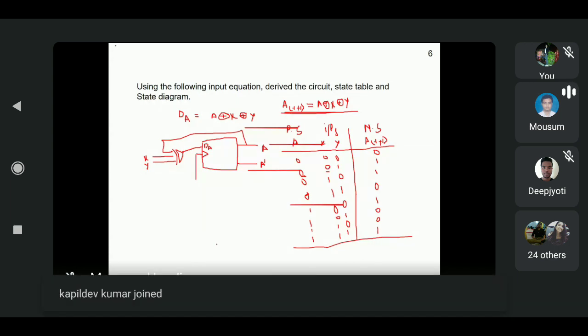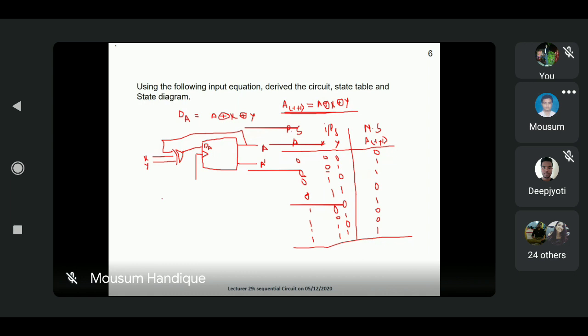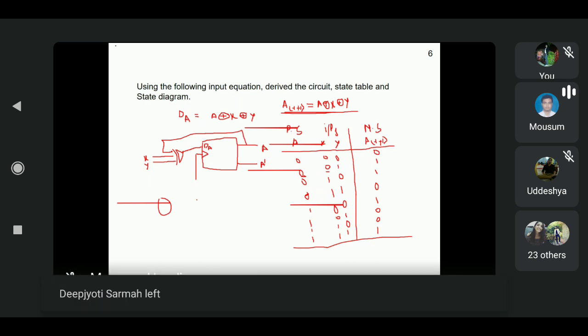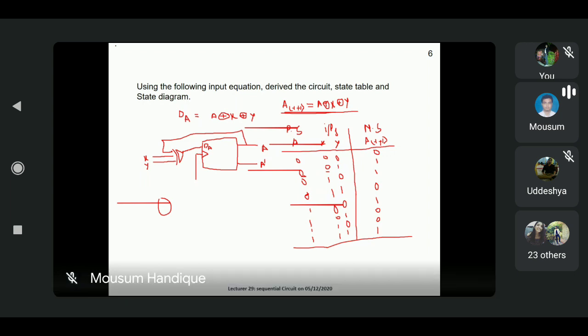Now we can easily construct the state diagram. How can we construct a state diagram? See here. How many values of present state? Only one value, and this one is the X and Y input. So for the present state we are not using two variables.